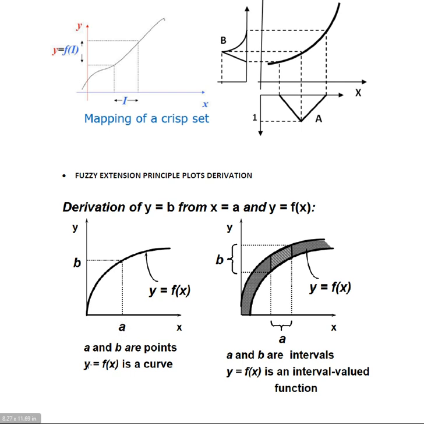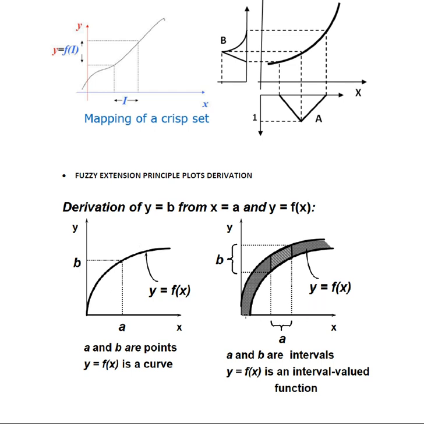A and B are points on y equal to f of x, which is a curve. So this is a nonlinear curve, and based on this curve, at a point A you are getting a point B. So this is the derivation of y equal to b from x equal to a and y equal to f of x. What does it mean? That here it appears that this nonlinear function is like a type 1 fuzzy set.